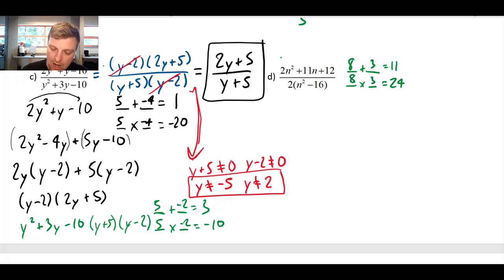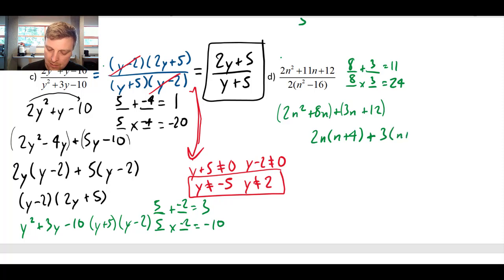And so my numerator becomes 2n squared plus 8n plus 3n plus 12. And I'm going to separate these out and factor them. So I have 2n times n plus 4, plus 3 times n plus 4, which is going to factor out to n plus 4 times 2n plus 3. Whew, it's a good reminder that this stuff still exists.